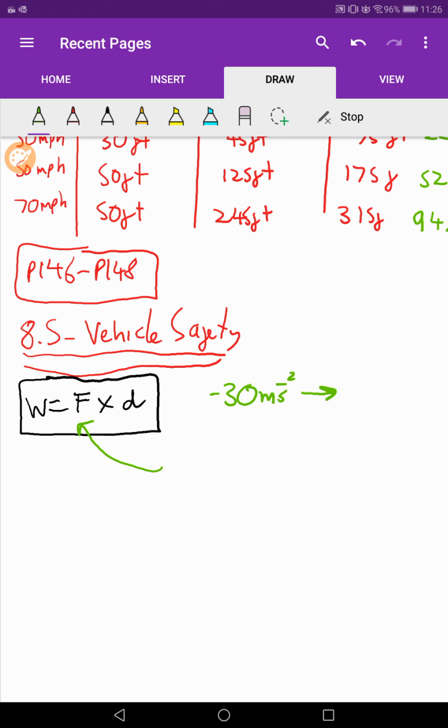That would be the same as saying roughly that's 3 G's. It's technically wrong because it's not an impact force, but it's a good way of discussing.